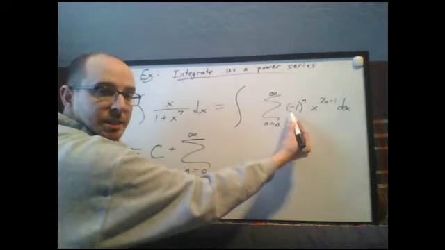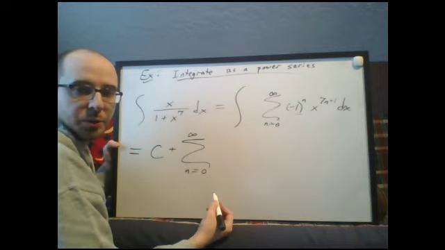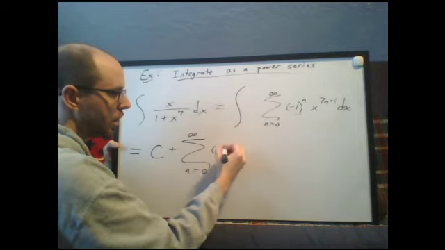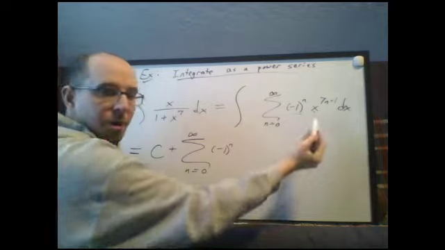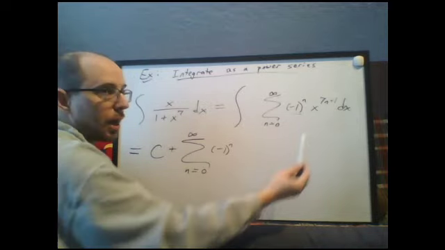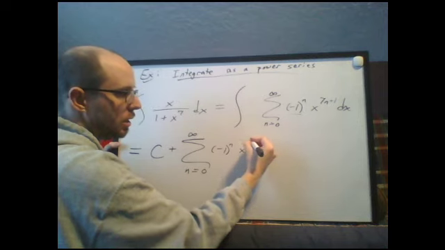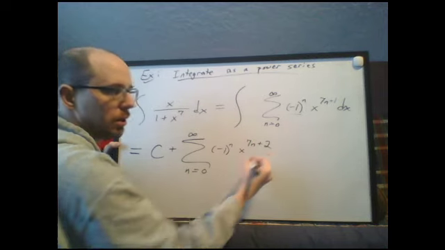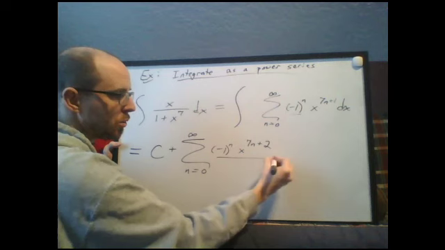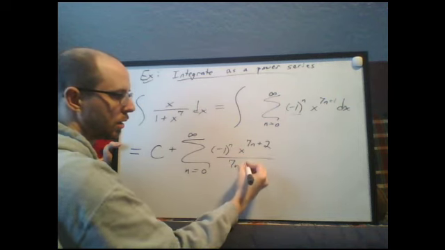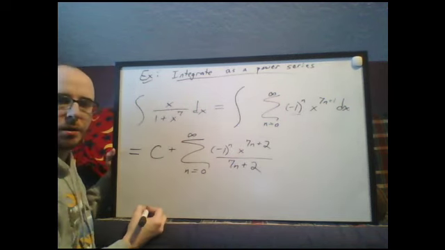So anything that doesn't have an x, that's a coefficient, you keep it. So negative 1 to the n. Then you have a power of x. You integrate it by adding 1 to the exponent, so it becomes x to the 7n plus 2, and then you divide by that new exponent. So 7n plus 2 in the denominator.